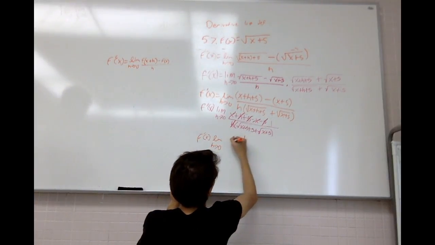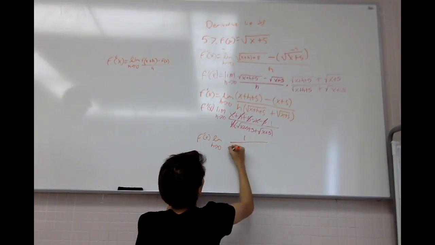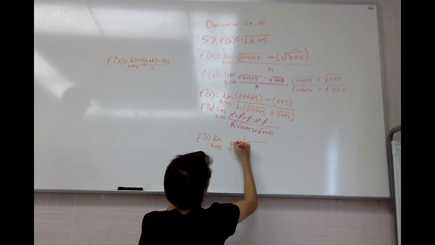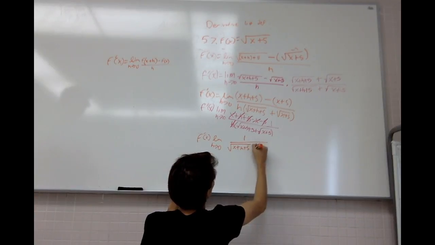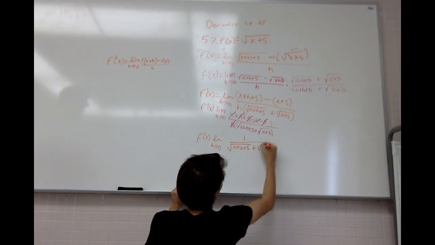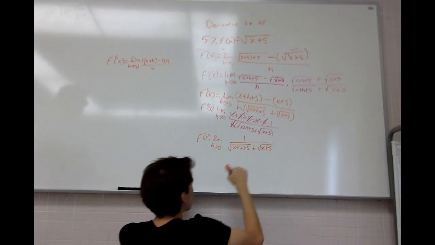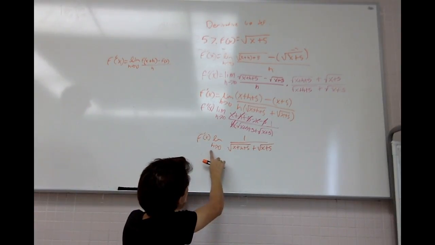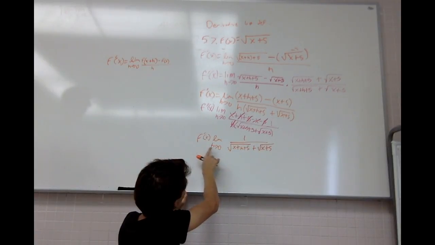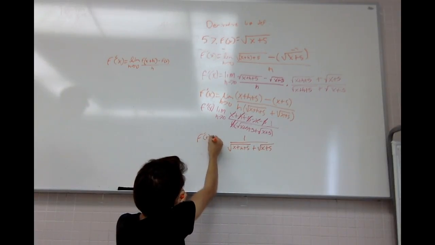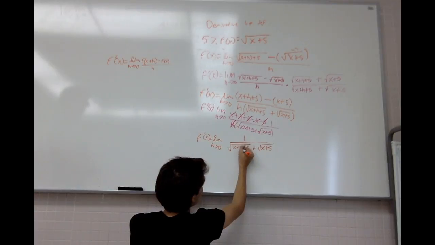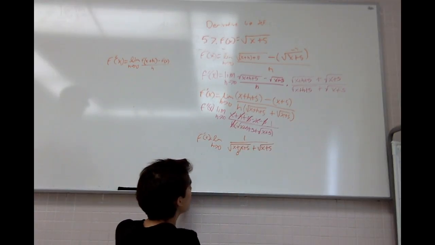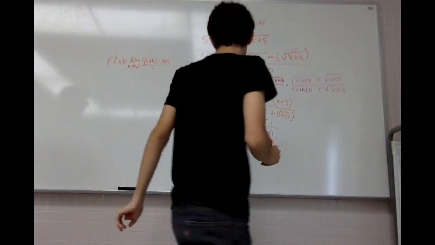Which will be 1 over the square root of x plus h plus 5 plus the square root of x plus 5. Now, here we have an h, and we know that h approaches 0. So we're going to replace this h with 0.